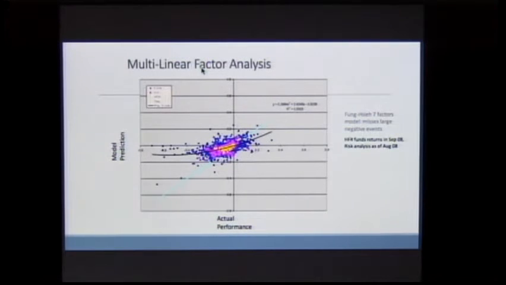This was a famous 7-factor model, etc. The dark dots are actual hedge funds. The pink ones are funds of hedge funds, so already combinations of funds. And the yellow ones are hedge fund indices from HFR.